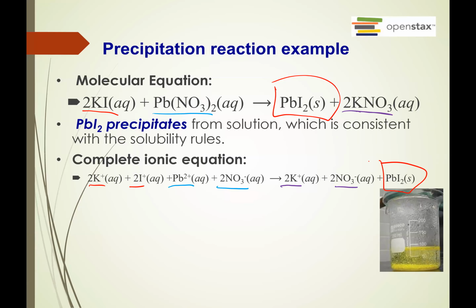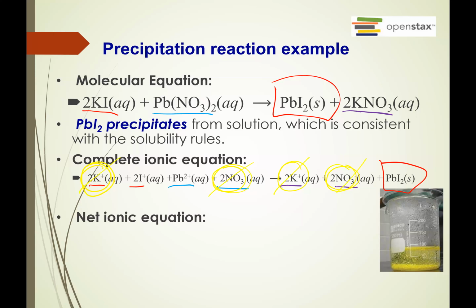Now when we look at this, what is exactly the same on both sides? See the 2Ks? 2Ks, exactly the same. Anything else exactly the same? 2 nitrates. So those are our spectator ions.